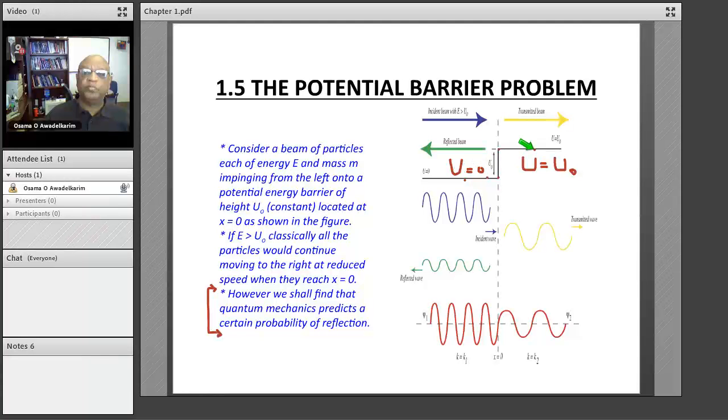So when we use the position dependent Schrödinger equation, we should use the right potential energy.